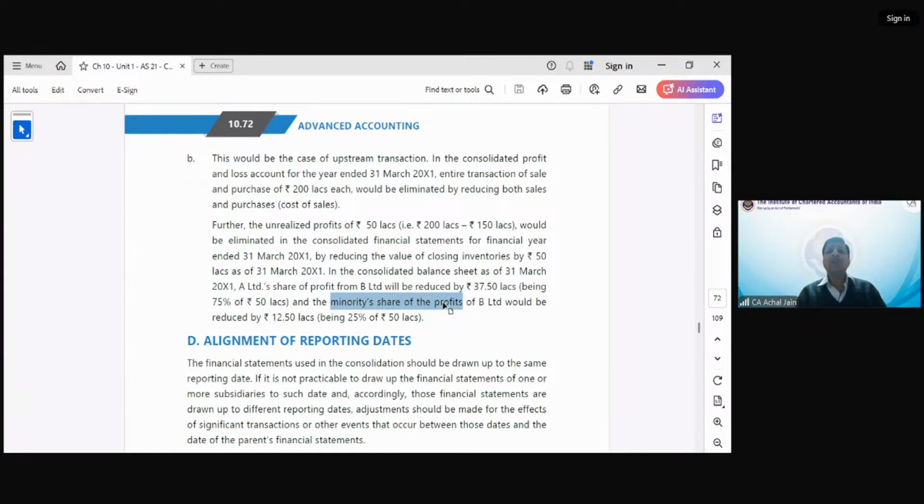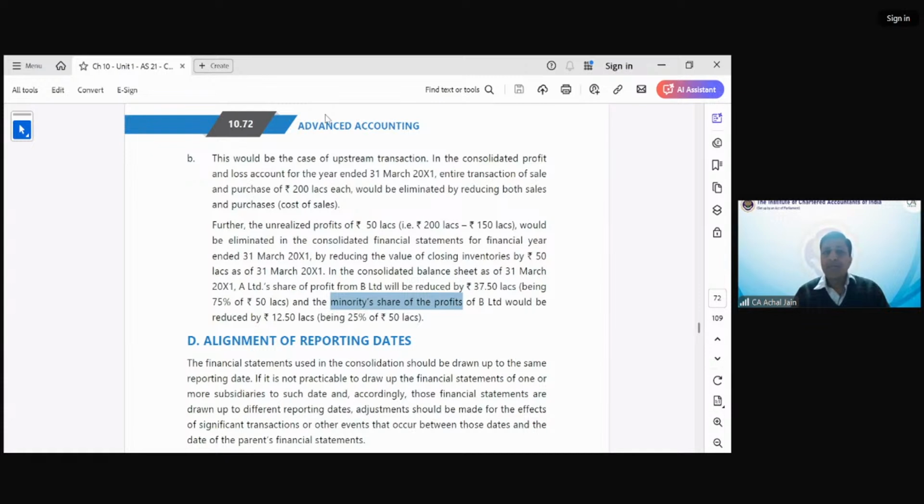But in the consolidated financial statements, P&L of subsidiary will not appear, unlike the previous example wherein the P&L of holding is given. In the consolidated financial statement, the profit of subsidiary would have been absorbed by holding and minority. So that's why you will have to eliminate this profit from those two places. Understood?